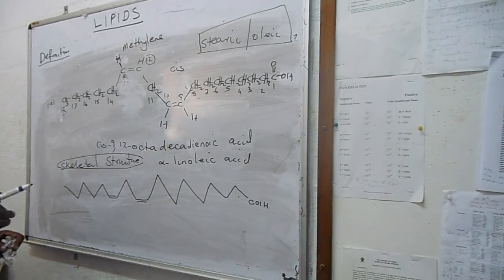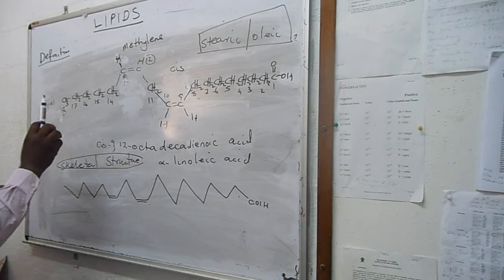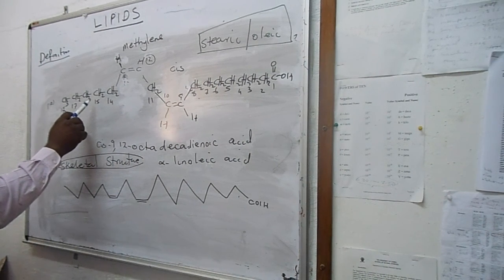Okay, but the other example, a second example for those that have a double bond, is that at carbon number 15 there may be a double bond.